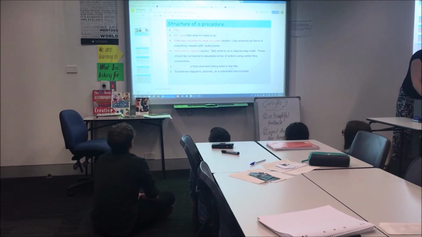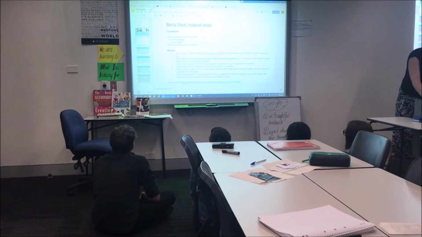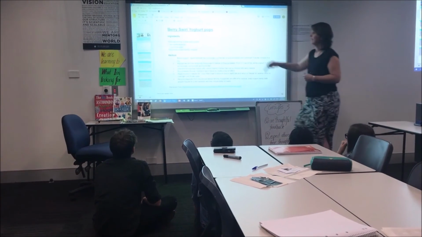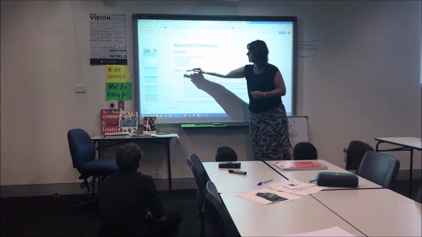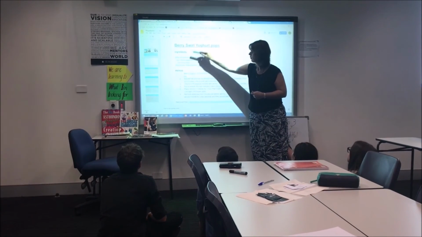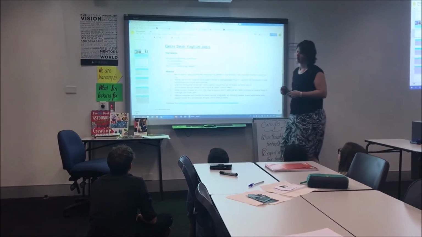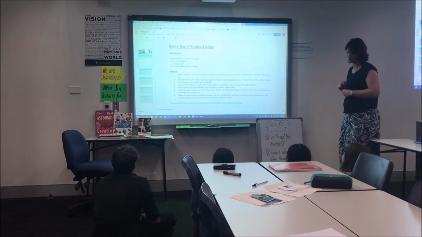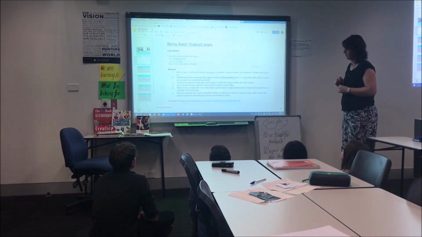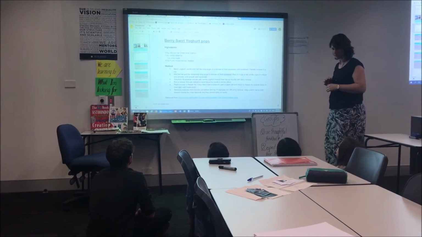So going back to our procedure, there's a heading, a subtitle, and another subtitle, the first one telling us what we need, the next one how to do it. And sometimes they call it method. What else might they call it? Zoe? Steps. Excellent. Steps is a really good one, isn't it?